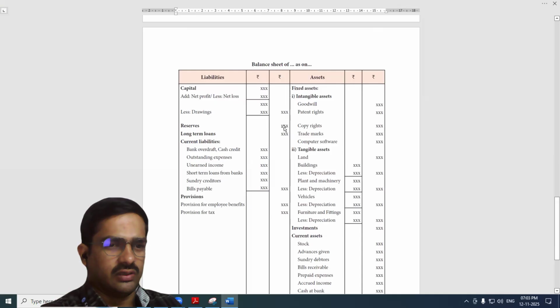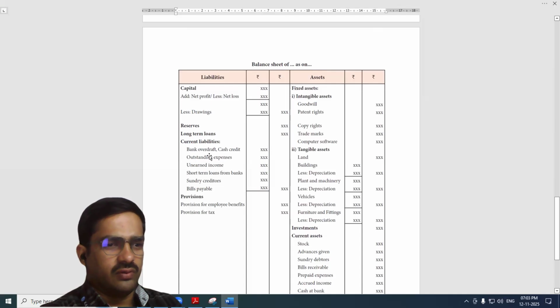Next, if any long-term loans are borrowed from outside, we are going to record secured loans, unsecured loans, mortgage loans. Then current liabilities: within 1 year, how much liability the proprietor is having?